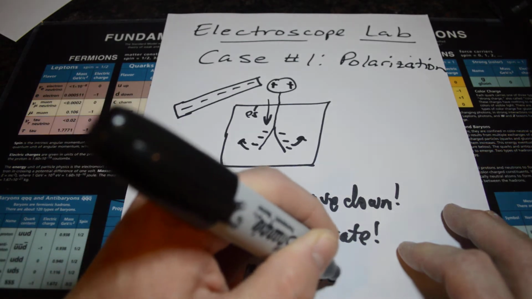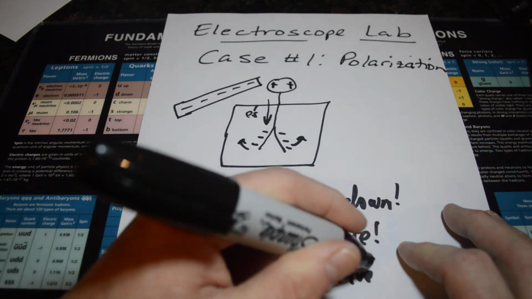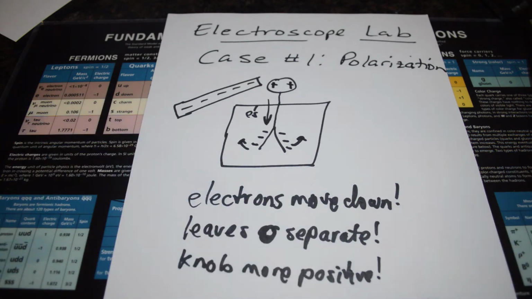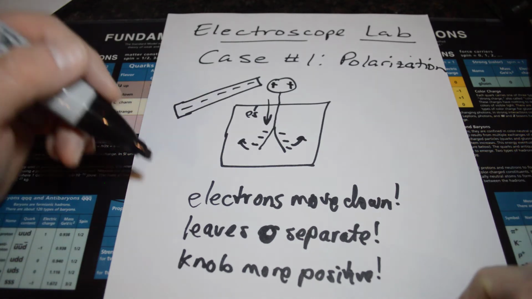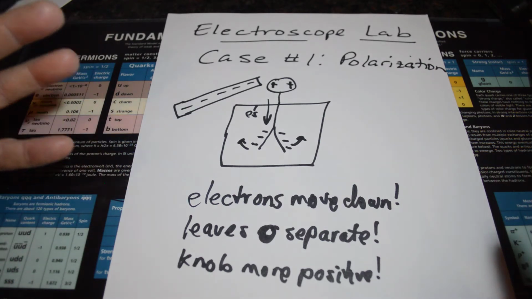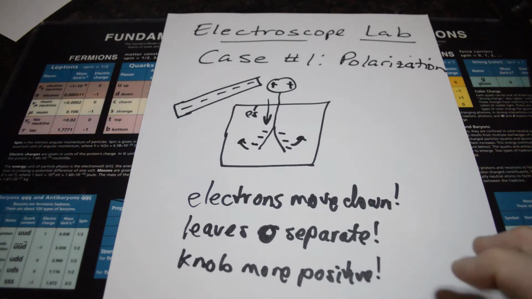Because of the fact that the protons are more able to stay put, they don't leave because they're more bound to the nucleus. They're not going to move, whereas the electrons can move. They're lighter and they have the ability to move more readily.